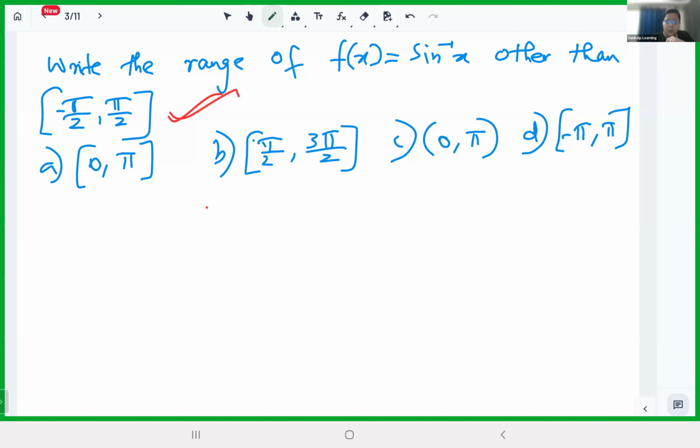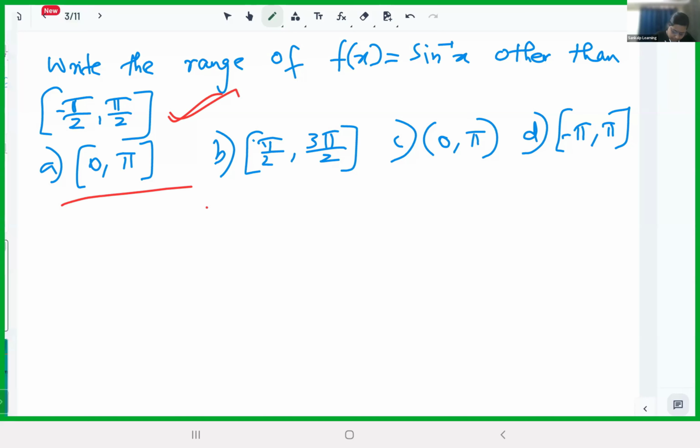One among the intervals is minus pi by 2 comma pi by 2. So the other interval will definitely be a multiple of this one, that is pi by 2, isn't it? In the closed interval 0 pi, can we say sine inverse x exists? Sine inverse x does not exist because it will not be 1-1. We have already explained this in detail in the previous classes, so you have to watch it, then you will clearly understand the concept.